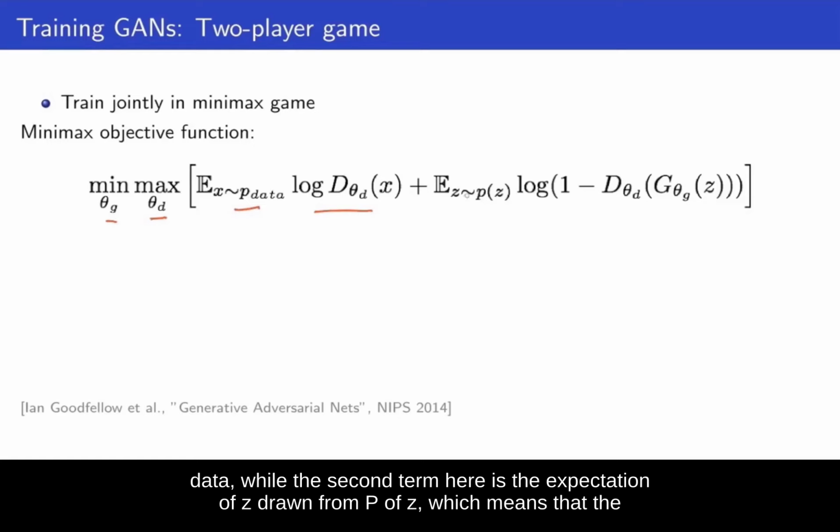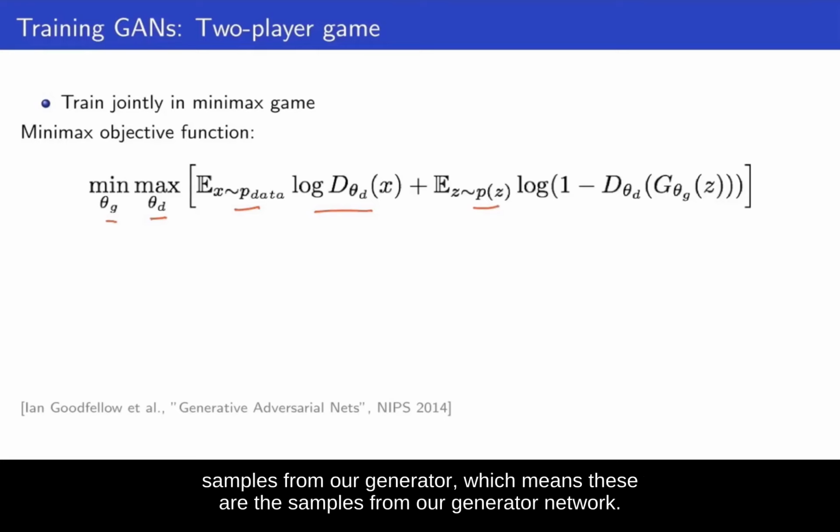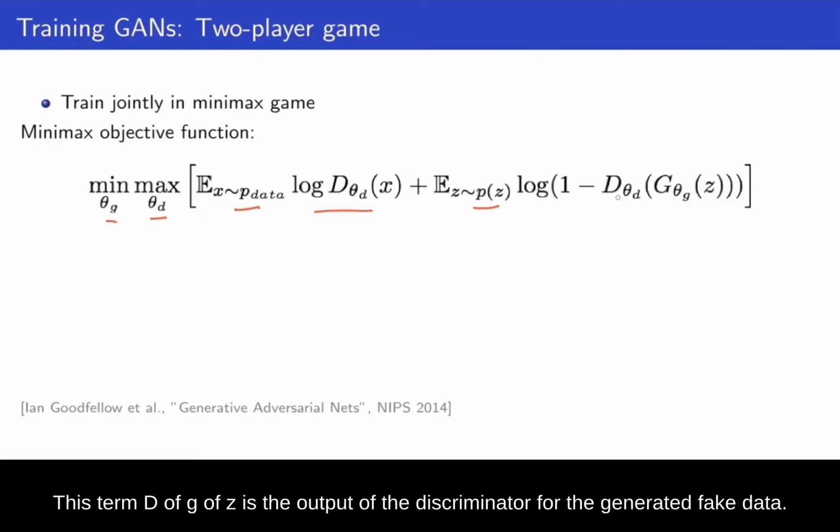The second term is the expectation over z drawn from P of z, which means these are the samples from our generator network. And this term D of G of z is the output of the discriminator for the generated fake data.